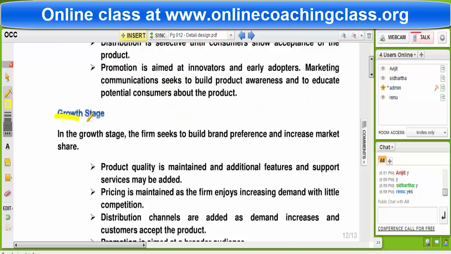Now the growth stage. In the growth stage, the firm seeks to build brand preference and increase market share. When enough advertisement is done, now you have to look at your branding, the user friendliness.